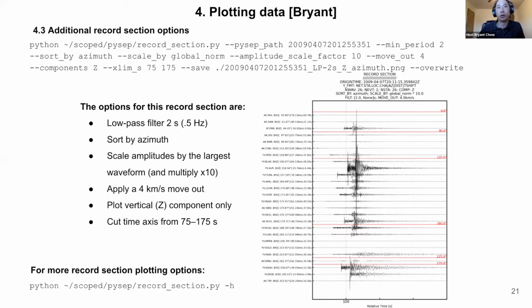So in day 2, we're going to use PySep to actually download this data, so we can talk a little bit more about what happens to grab this data before it goes into the inversion. And if you want to look at more of the options, what you can do with this record section tool, you could just type this into the terminal. It'll give you a help message and tell you what the available options are. Yes, Julian has said these are in velocity, so thanks for the confirmation.